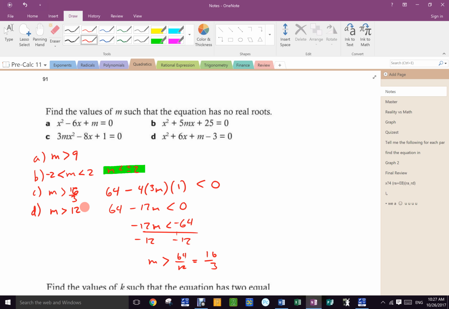Why didn't you do that one? Well, sure you do. That is C. M minus 3. So it was 36 minus 4 times 1 times M minus 3, which is 36 minus 4M plus 12, which is 48 minus 4M.